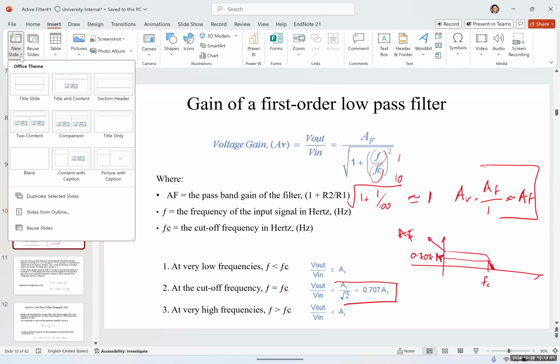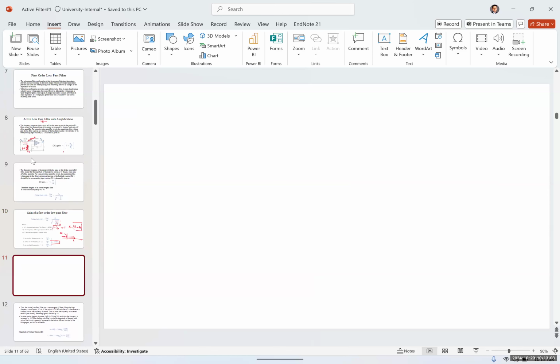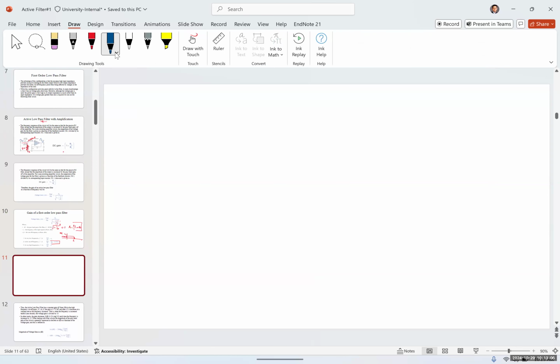Now, let's solve a practice problem. So imagine our input frequency is 10 kilohertz. The cutoff frequency FC is 20 kilohertz. R1 is equal to 10K.